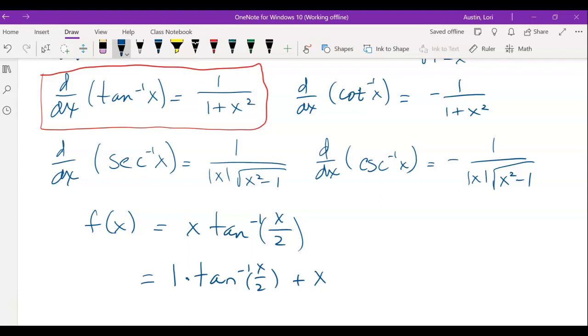I start with 1 over 1 plus, notice, I don't put x squared. What is my entire x value? It's x over 2. It's not just x. Does everybody see that? This says x, which means whatever value you're taking the inverse of. In this case, my value is x over 2. So it's the x over 2 that I'm squaring. So that becomes x over 2 squared.